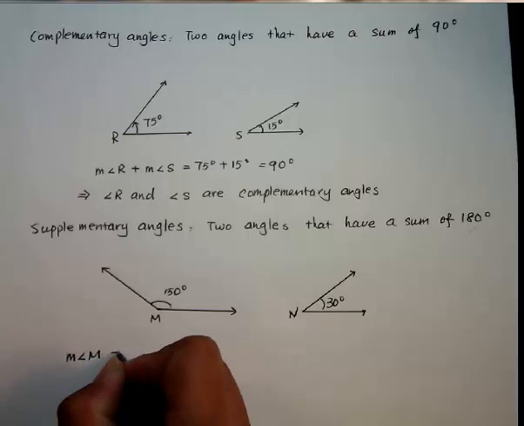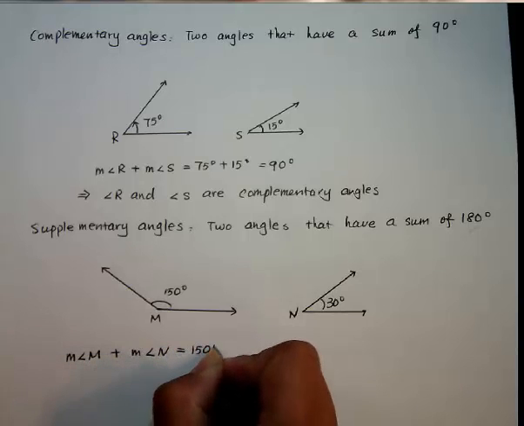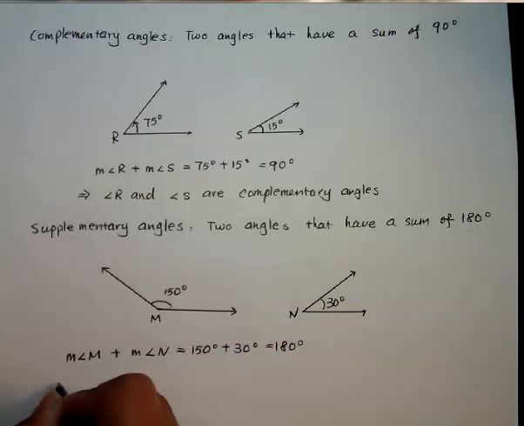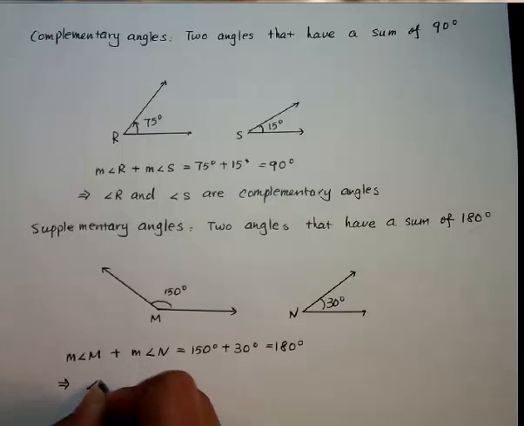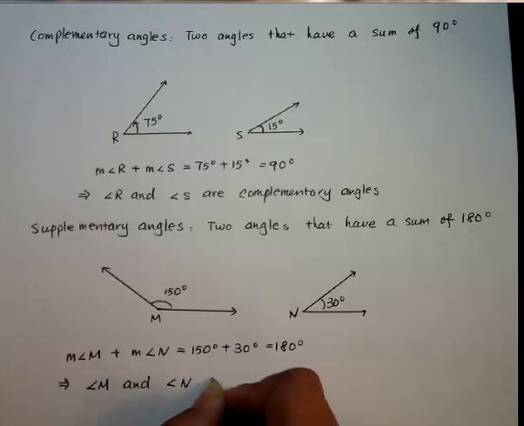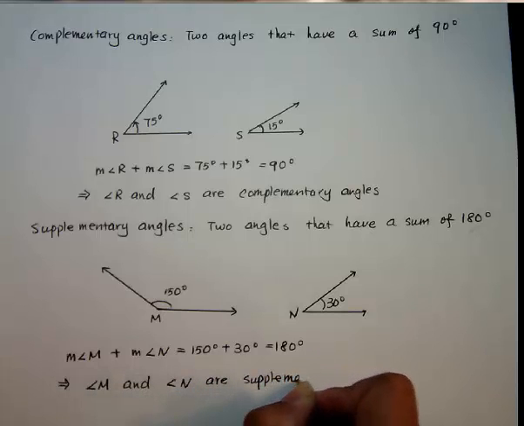The measurement of angle M plus the measurement of angle N is equal to 150 degrees plus 30 degrees, which is 180 degrees. Therefore, we call angle M and angle N supplementary angles.